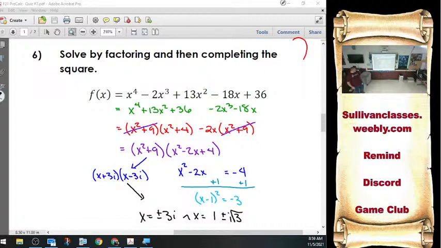Yeah, you can. X minus this, x minus that, x minus that, x minus that. Multiply them all, and you should get back here. You do not have to. But if you get it wrong, you can kick yourself because you could have checked it to make sure that you're right. So, cost benefit.